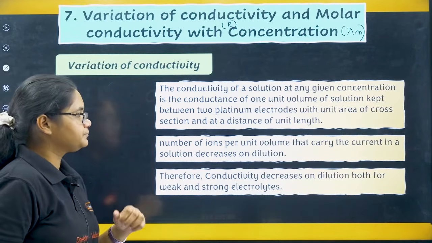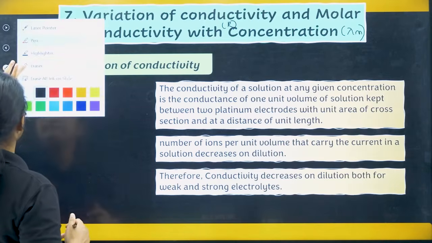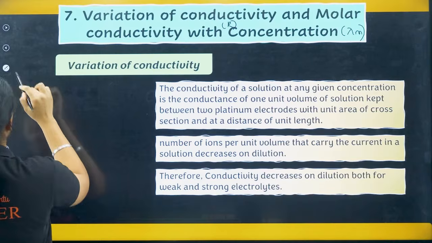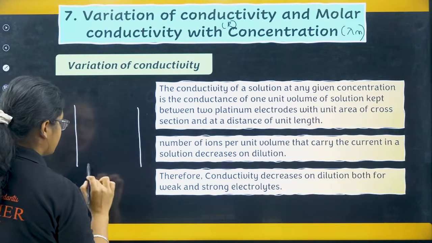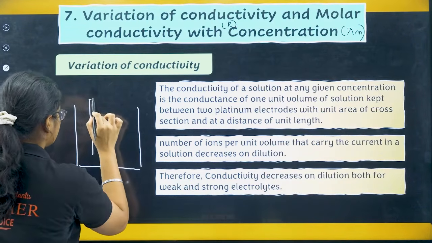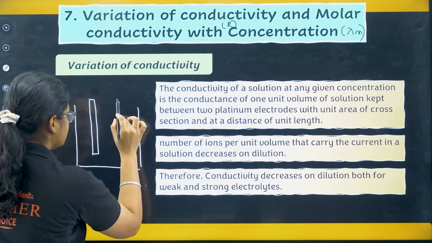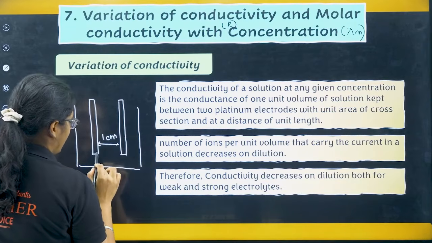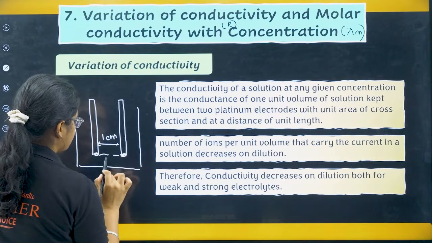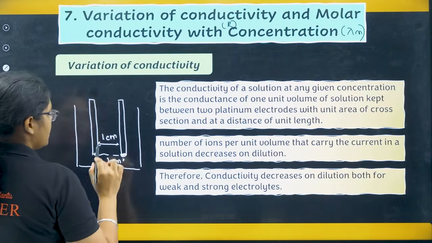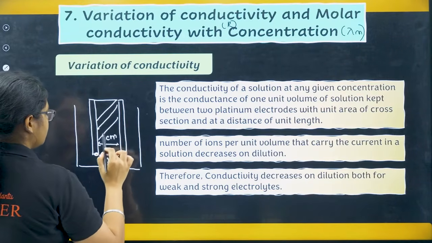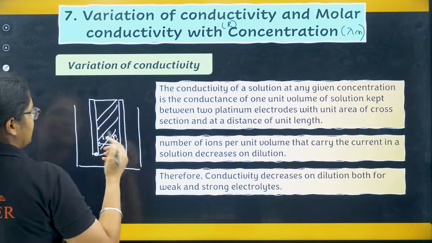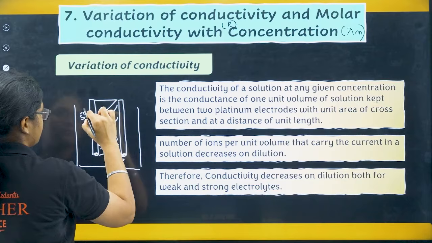So what does that mean? Suppose you have a container like this, and you have electrodes here. Suppose this distance is 1 centimeter, and the cross sectional area is 1 centimeter square. This much volume of solution can remain. For example, the height may be 5 centimeter.